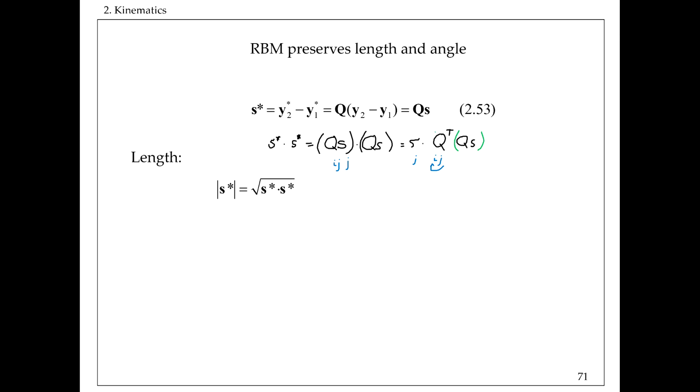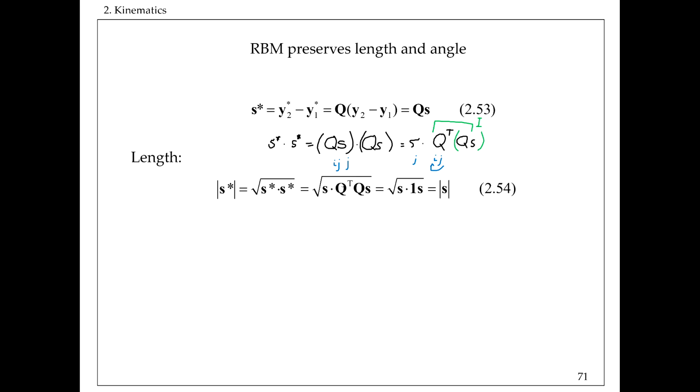But now we can look into this part and recall our property of orthogonal tensors, Q or rotation tensor, that when we apply Q transpose Q, it's nothing but the identity tensor, right? And so then we can use that property here.